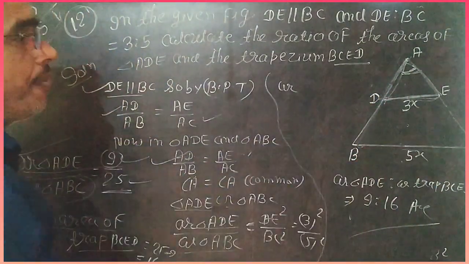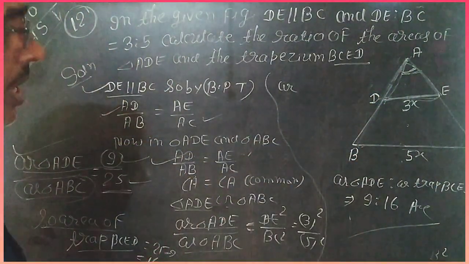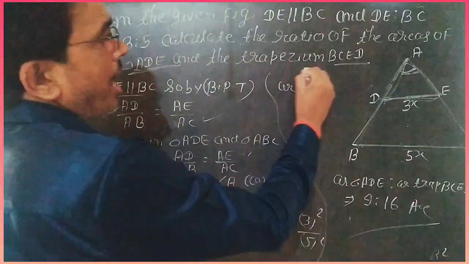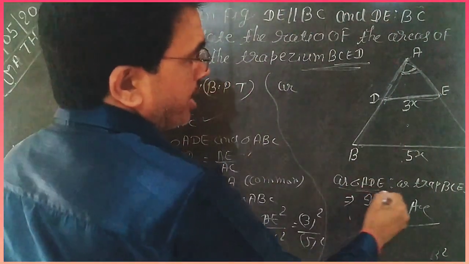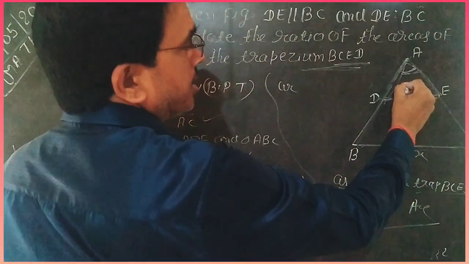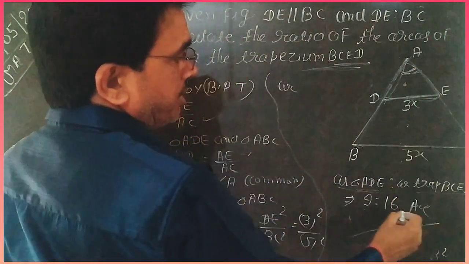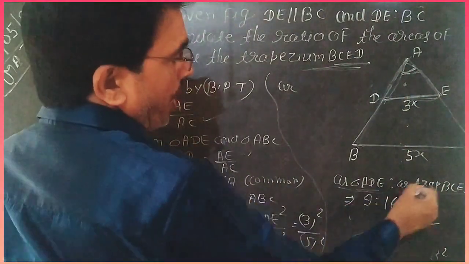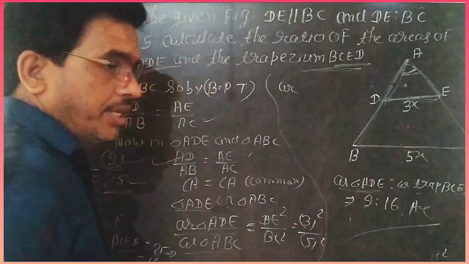So what is the ratio of ADE and trapezium BCED? 9 is the small triangle and 16 is the trapezium BCED. So the ratio of these two parts is 9:16.